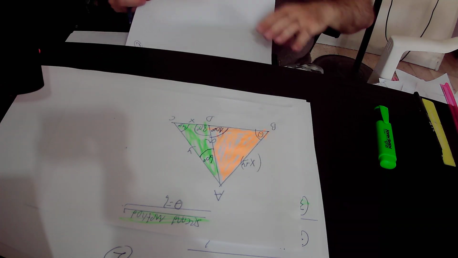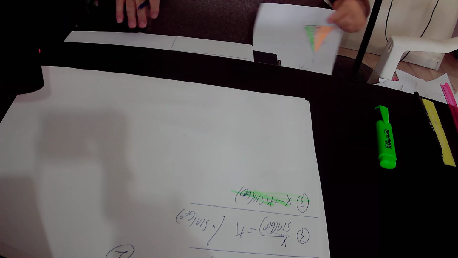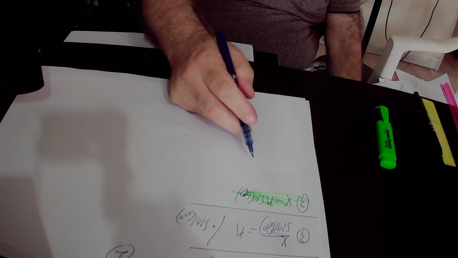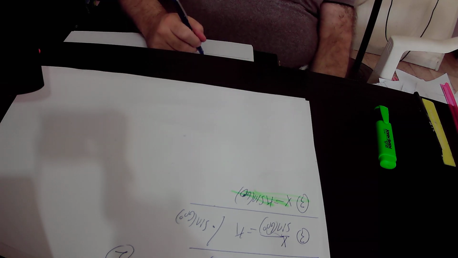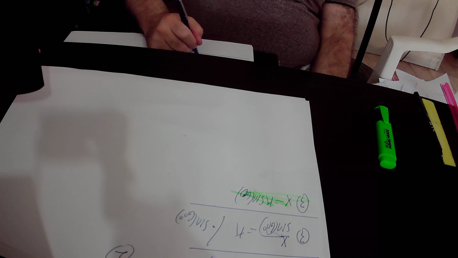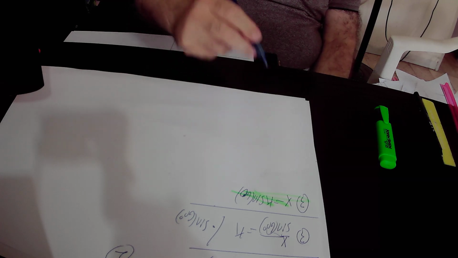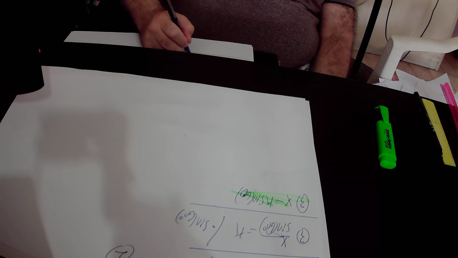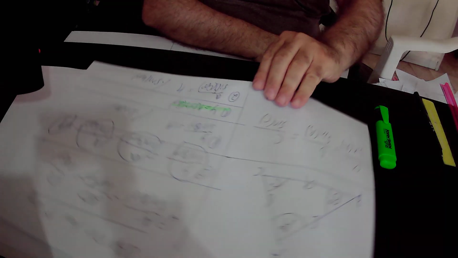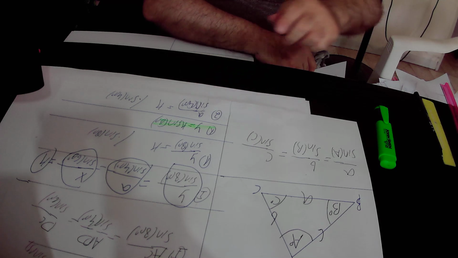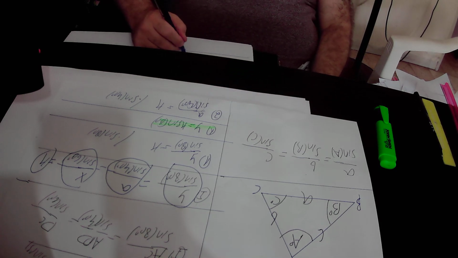Okay, here we found out that x equals k times sine 60 degrees, therefore we substitute x by k times sine 60 degrees. And we have already found out that y equals k times sine 80 degrees, so we substitute y by k times sine 80 degrees.